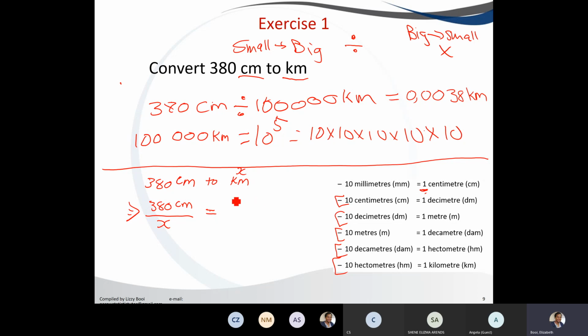And we know how many centimeters are in a kilometer: in 1 kilometer, there are 100,000 centimeters.